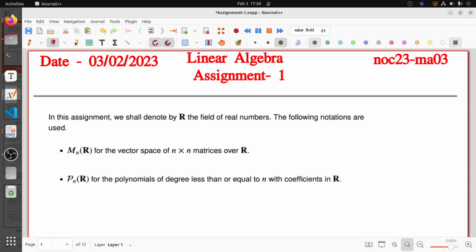It means V is closed under scalar multiplication.